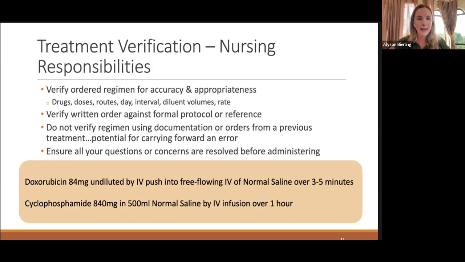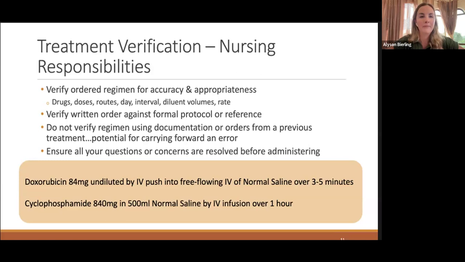To illustrate that, here is an example of an order that a nurse might receive from a doctor for the AC regimen. A doctor might order doxorubicin, 84 milligrams, undiluted by IV push into a free-flowing IV of normal saline over 3 to 5 minutes. And in addition to the doxorubicin, cyclophosphamide, 840 milligrams and 500 mLs of normal saline by IV infusion over 1 hour.